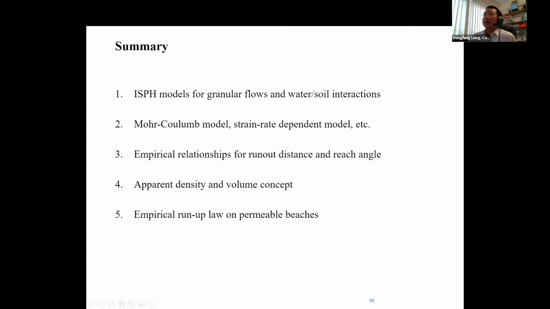we have used incompressible SPH methods to calculate very rapid landslide phenomena, and also the solitary wave run-up on the permeable beach.